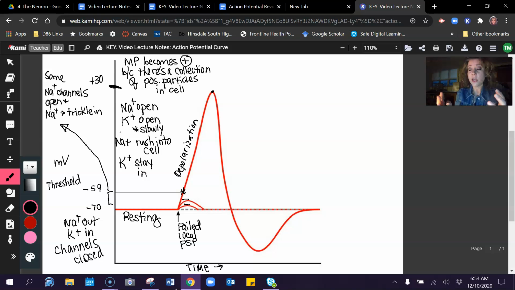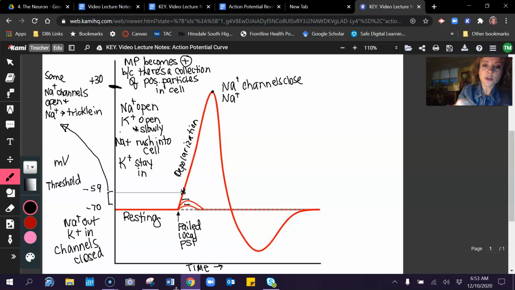So after the time for the sodium channels to be open is over, the sodium channels are going to close, which means that our sodium ions are trapped in the cell.